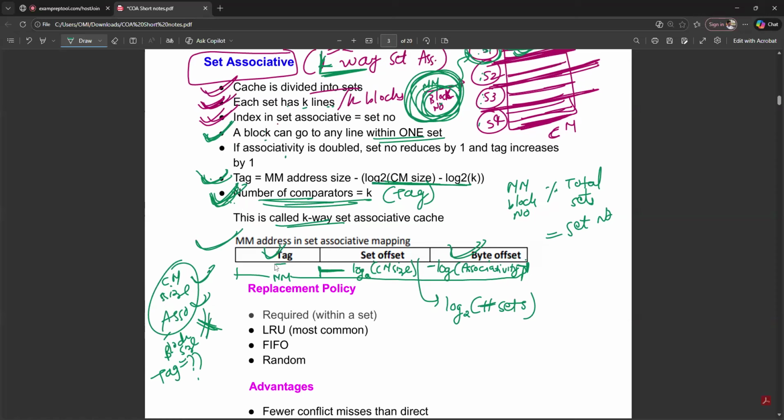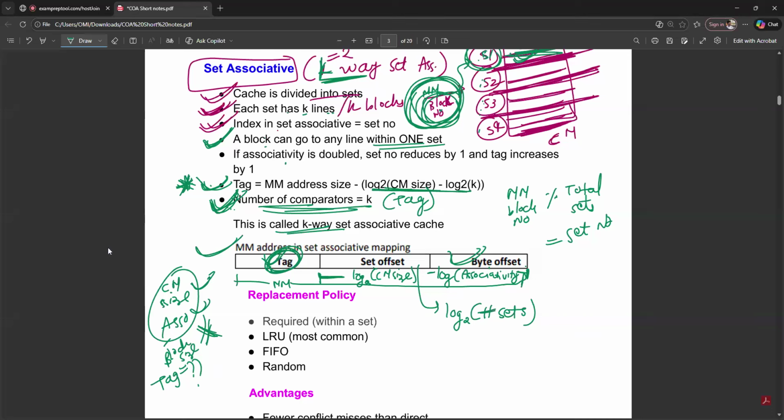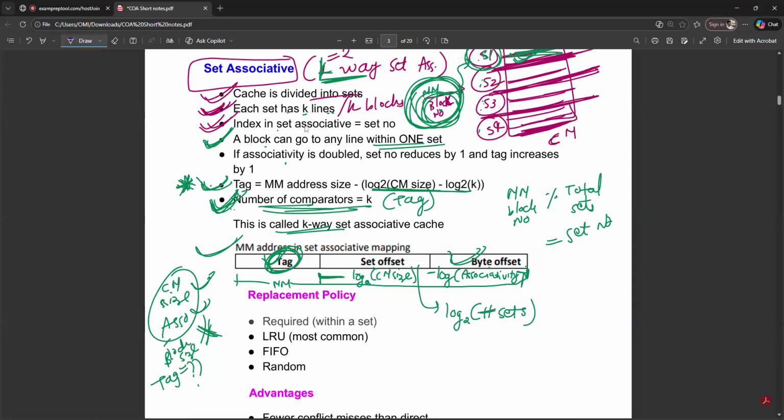Then you can easily find the tag. This is a very important point, and they can ask it in the GATE examination. So please take care of this formula, and what each part represents. Yes, this is the minus sign.